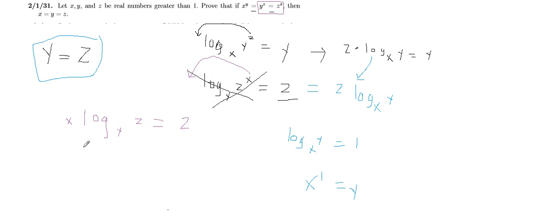Remember, this would give us log of base Z to the YZ power is equal to X. You can just bring the Z over here. Obviously, this is going to be times, just so you guys know. Get rid of this.